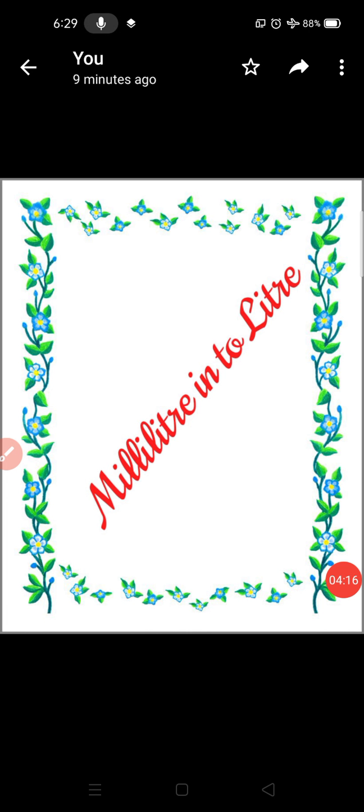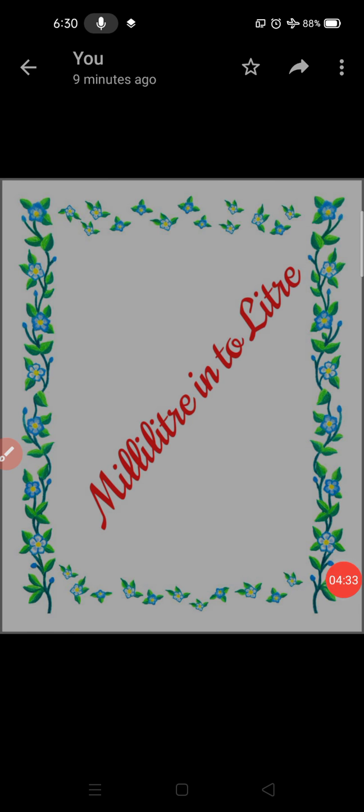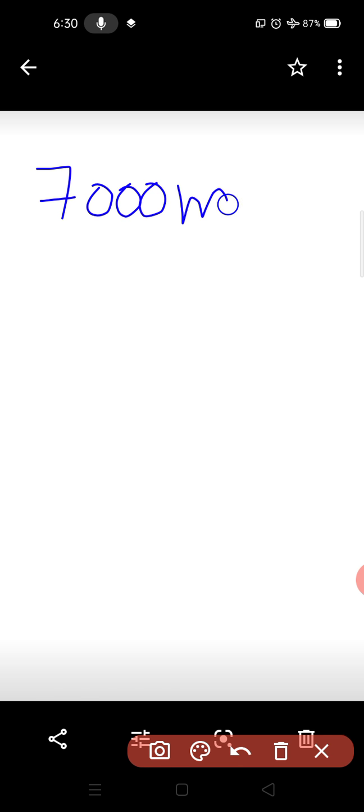Now we will learn how to convert milliliters into liters. The conversion of milliliter into liters is done the same way as for grams and kilograms. Let us convert 7000 milliliters into liters.